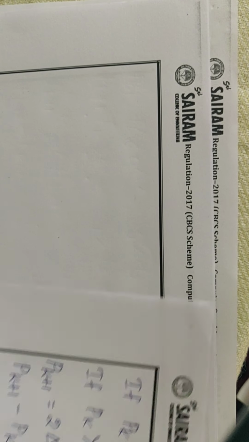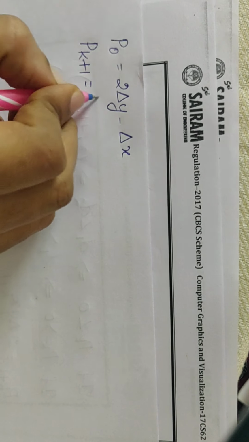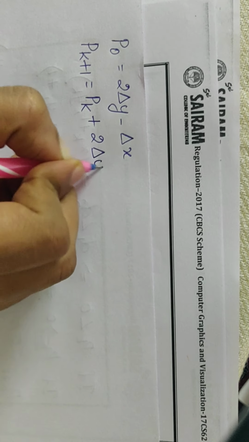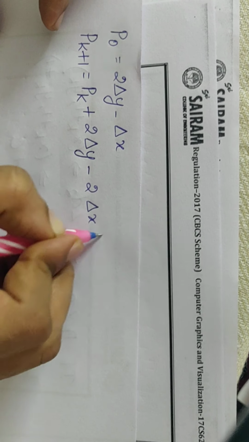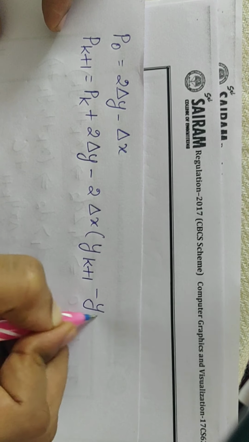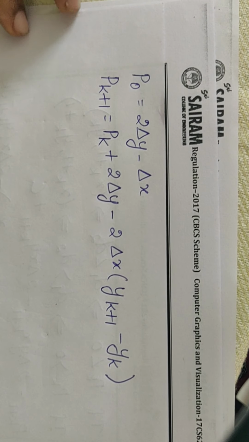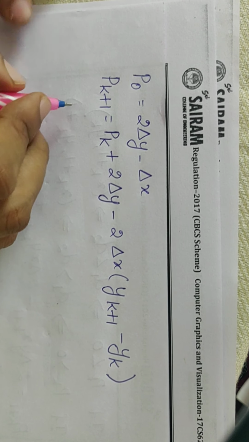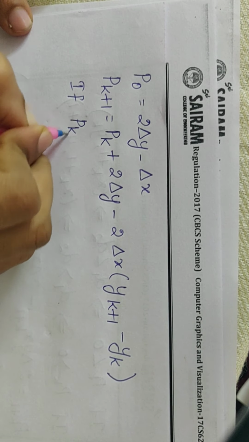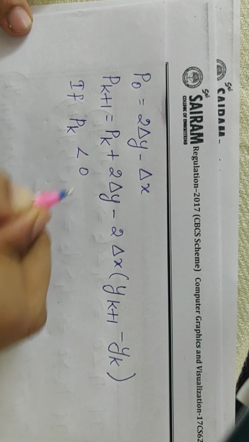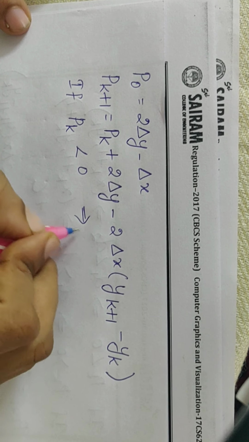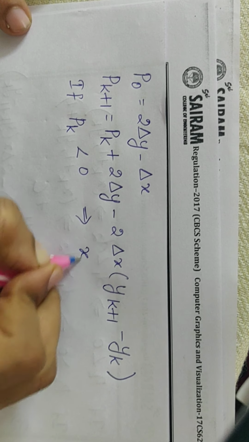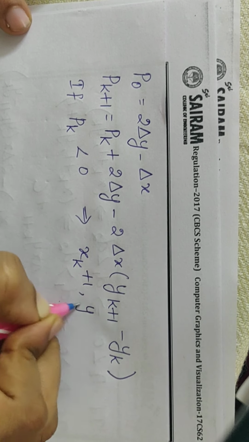Now, if pk is less than 0, what about the coordinates? d1 is less than 0, so the coordinate value will be xk plus 1 comma yk.